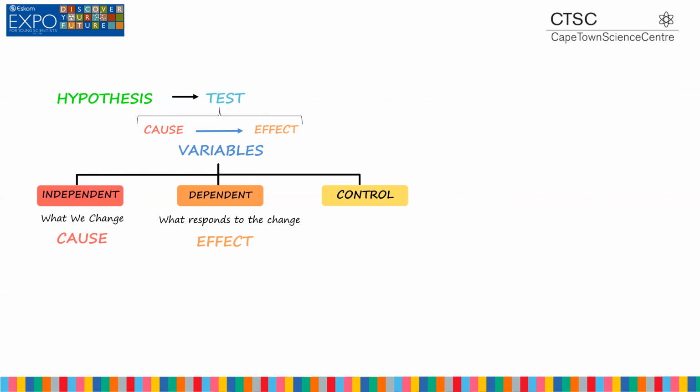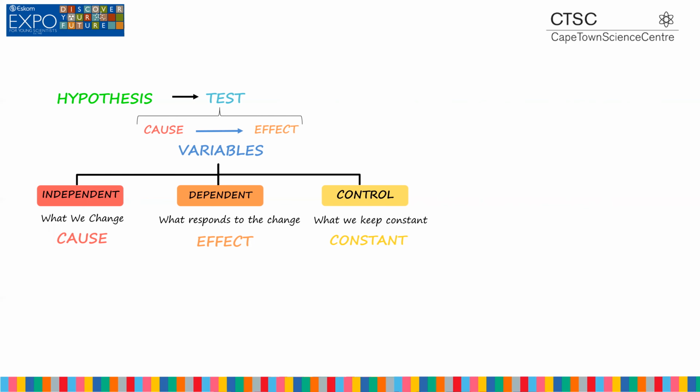Your dependent is the effect. It's what the experiment gives back to you. It's what the response is. So if my studying time is my cause, my effect is my pass mark. And then the controlled variables are the things that I keep constant throughout. The things that I could keep constant in terms of the studying versus pass mark example are things like keeping it to one course, looking at your method of studying.